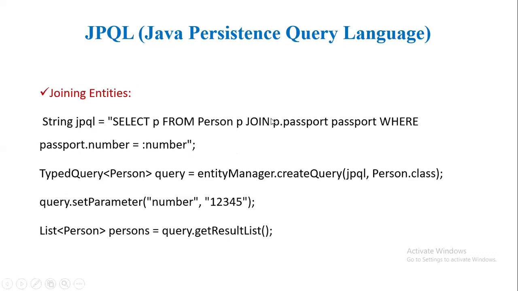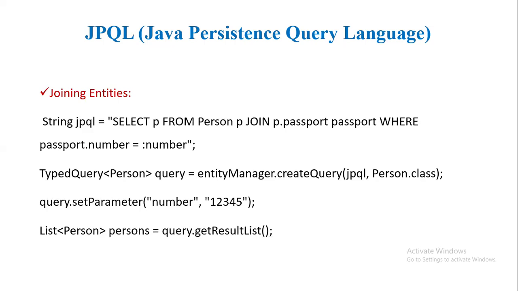And the third one, how we execute a join in JPQL. The query is stored in the string object jpql: "select p from Person p join p.passport passport where passport.number = :number".